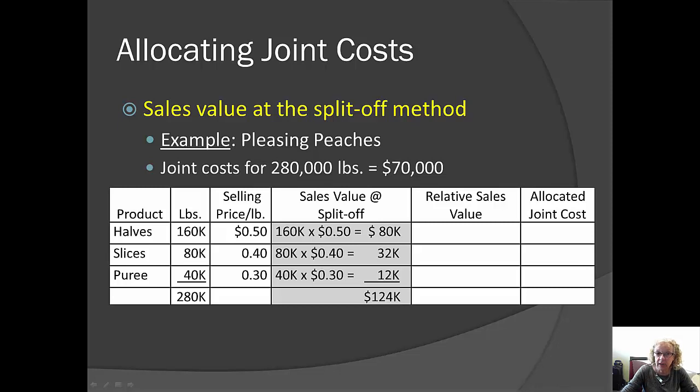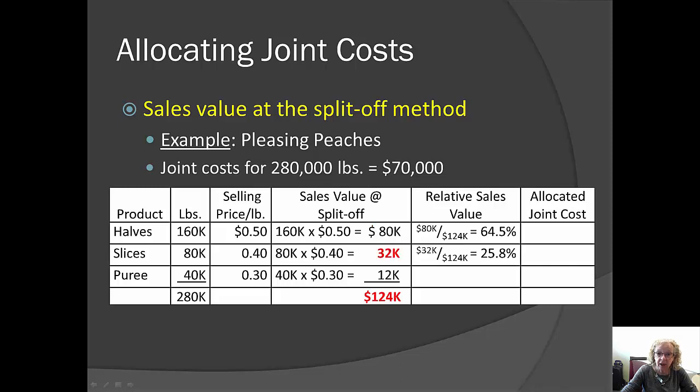Now we can use the proportion of each product's sales revenue out of the total sales revenue to assign the $70,000 of joint costs. Peach halves represent $80,000 out of $124,000, or 64.5% of the total revenue.